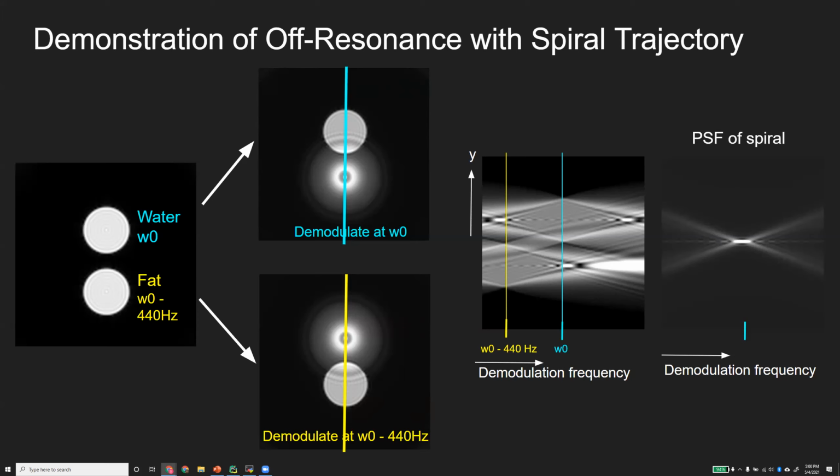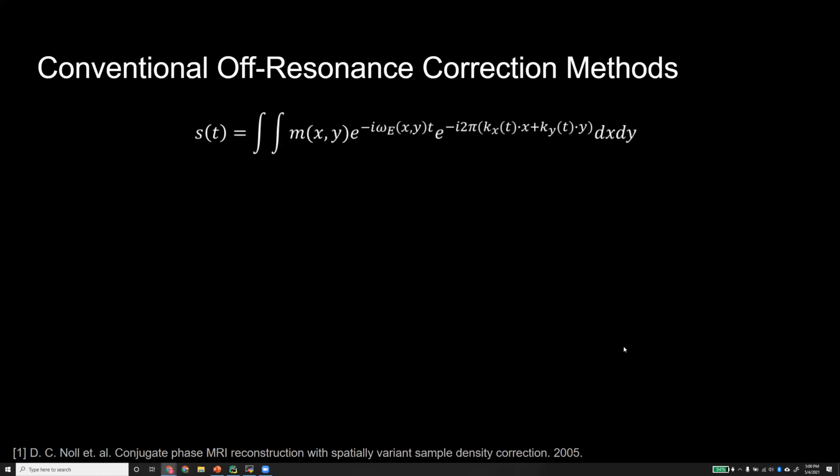And since CNNs perform convolutions, it can be useful to do these kinds of deconvolutions. So the idea was to take several different demodulation frequencies, which correspond to different lines in this image, and use them as an input to a network and train the network with that.